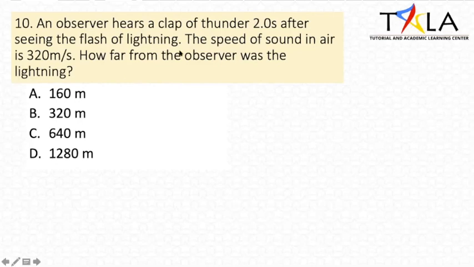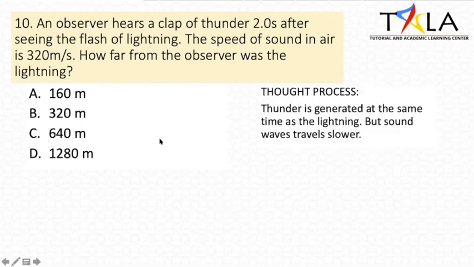One thing that we have to take note for this item is the thunder is generated at the same time as the lightning. So sabay lang talaga siya. Doon sa original point niya, sabay lang talaga silang na-produce. But, bakit mas mabilis mong makikita yung lightning kaysa sa thunder?